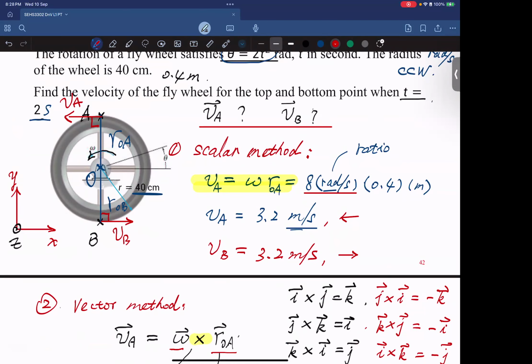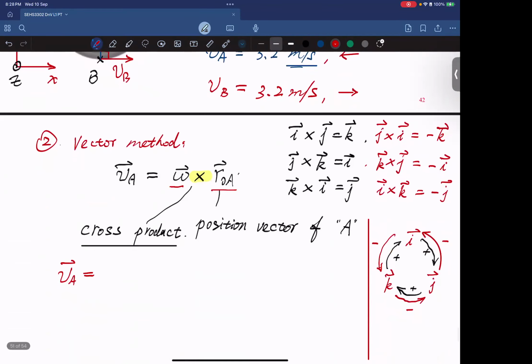Pointing out means positive. So we can use positive k. Therefore, omega is 8 positive k rad/s. This is the omega.